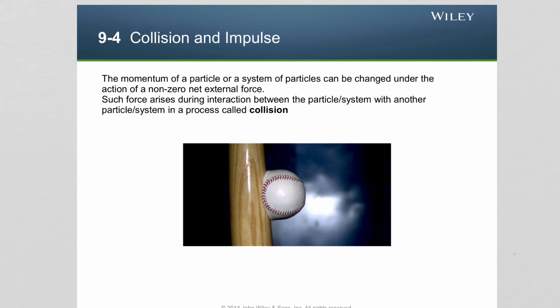So there is a change in momentum before and after collision with the baseball bat, and this change in momentum must be related to the force applied by the baseball bat on the baseball and the time of interaction between the two objects. Or in other words, there must be a relationship between the change in momentum and the impulse generated during the collision.